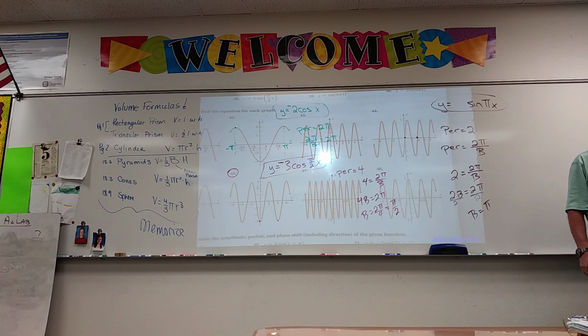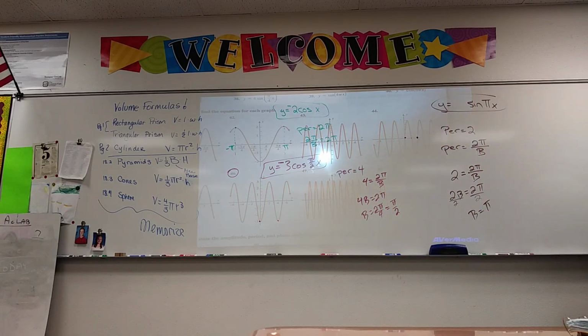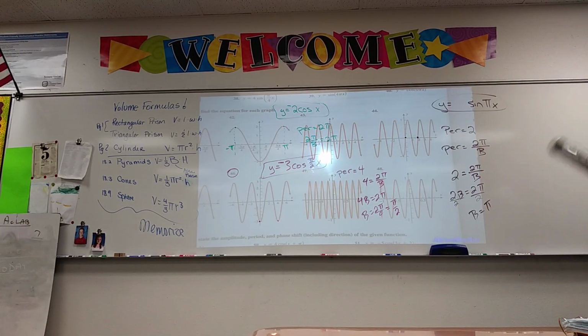But it's not always going to be that way. If we ended up with some type of shift, it wouldn't be that way. So you've got to be a little careful of that. But don't rely on that. That's all I'm saying. Okay?